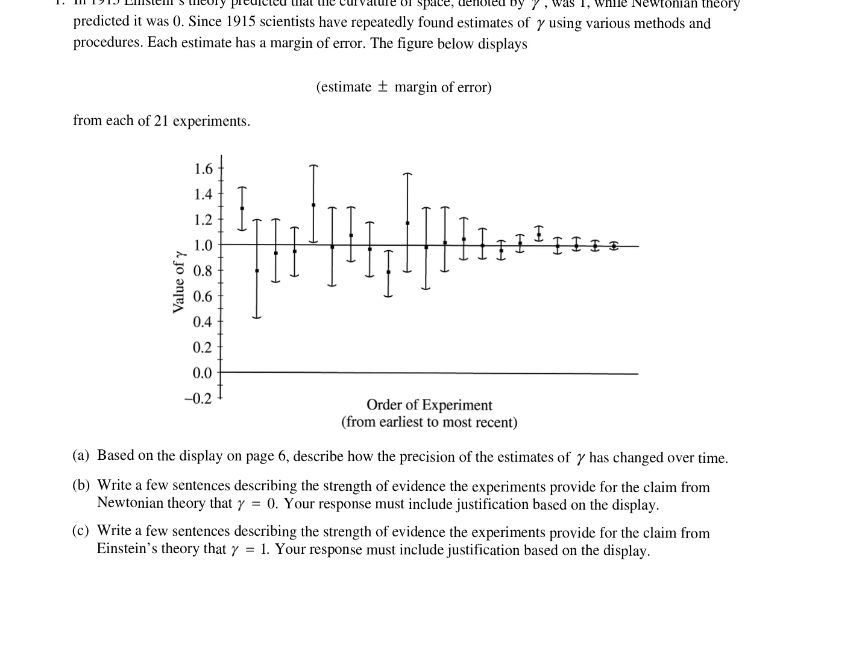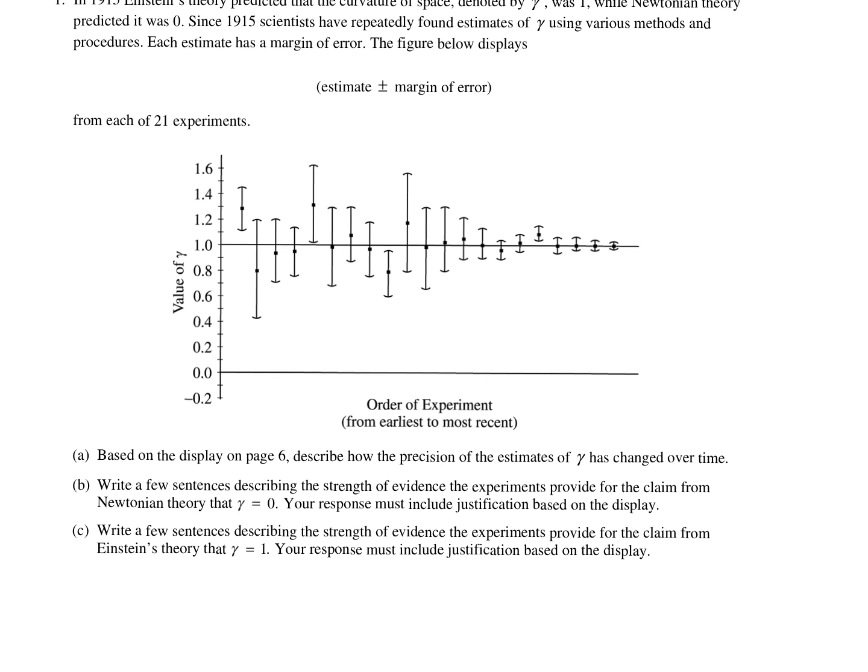It's not likely at all. Not one of the intervals has 0 in it. So over time we've gotten more and more precise in accurately estimating gamma, but there is no evidence that gamma is equal to 0 because none of our intervals capture 0.